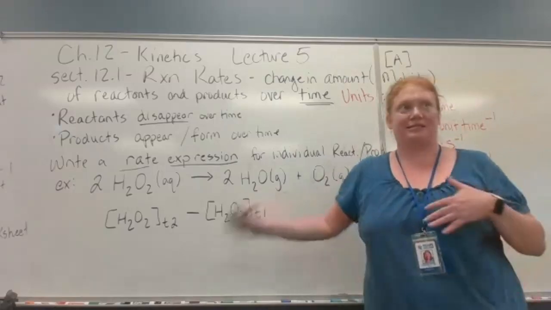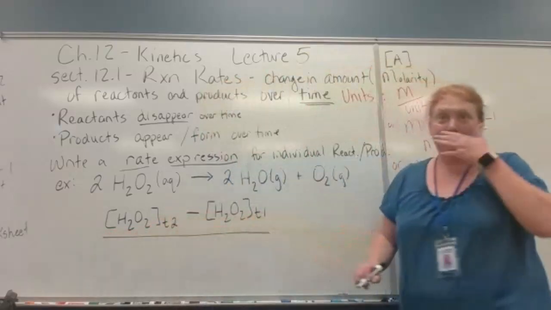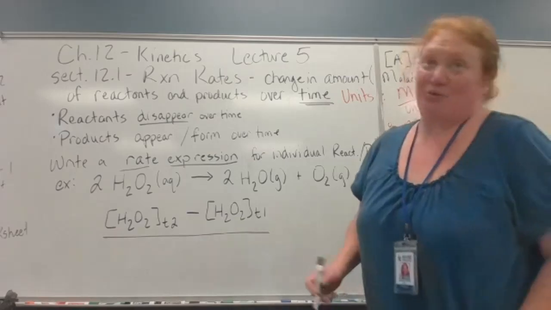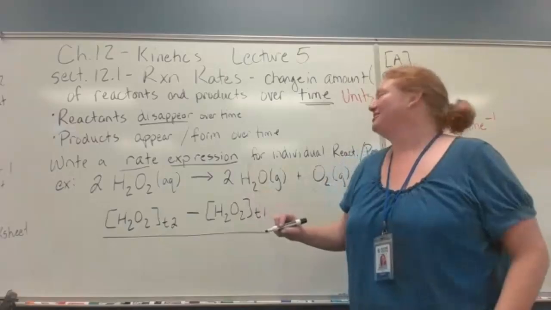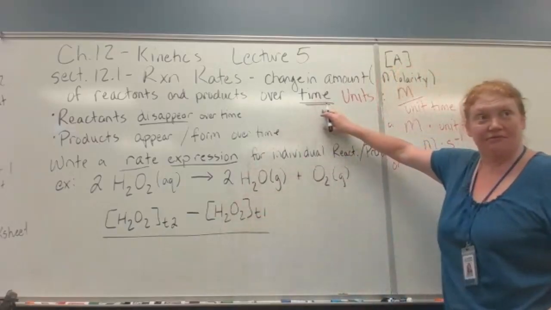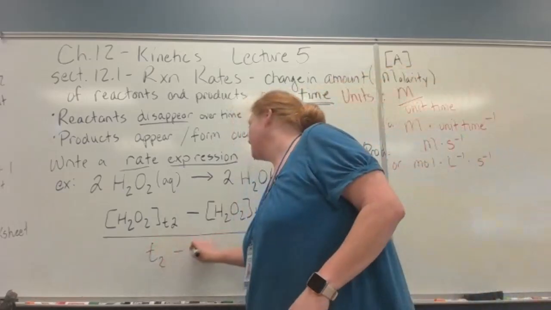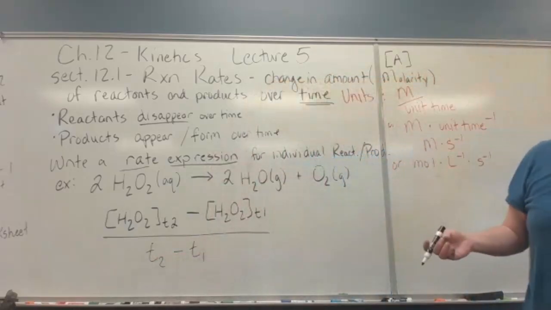Maybe it's time 0, maybe it's 10 seconds, whatever it is. That's actually what we're doing. We are finding the slope of a graph over time. Final minus initial, right? T2, final time minus initial time.